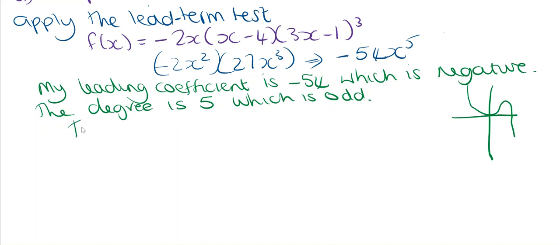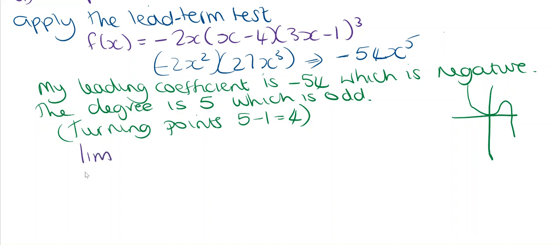So we know also that the turning points will be 5 minus 1. So we will have also a maximum of 4 turning points. So now we need to write the limits.